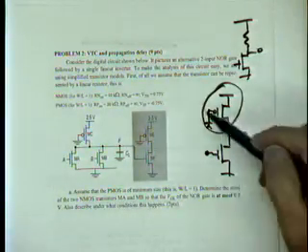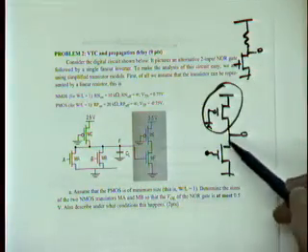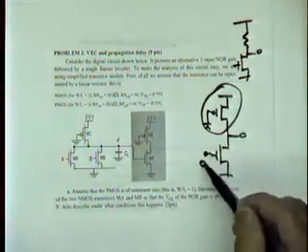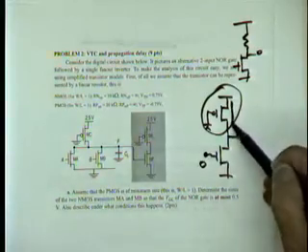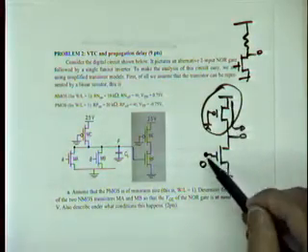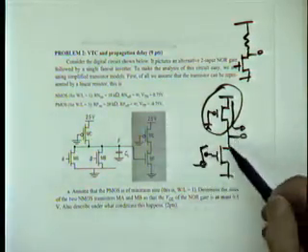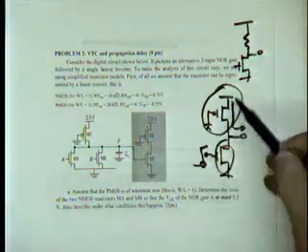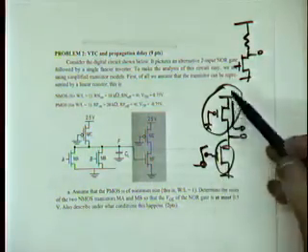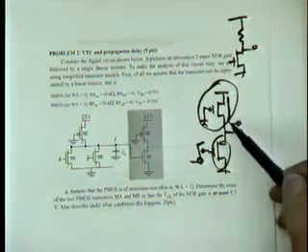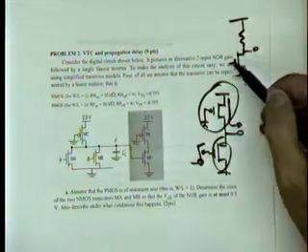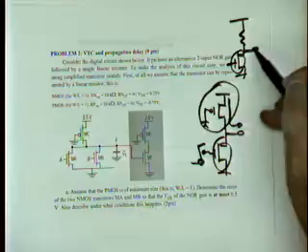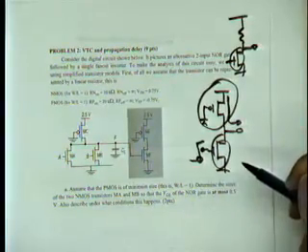It's a load device that sits there, but this is the driver device. When this is low, the device is off, this node will pull your output high. When the node is high, on the other hand, this transistor is on, we get a resistive divider. Because this is a load device, when this device is on, the output is going to be equal to a resistive divider.